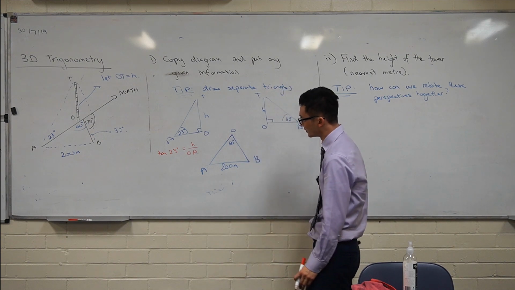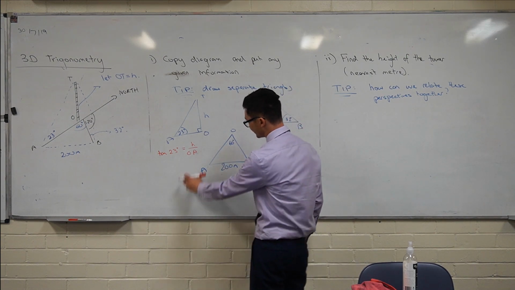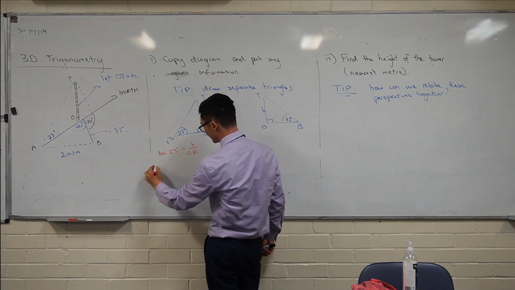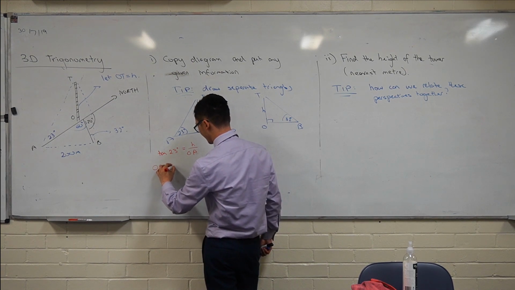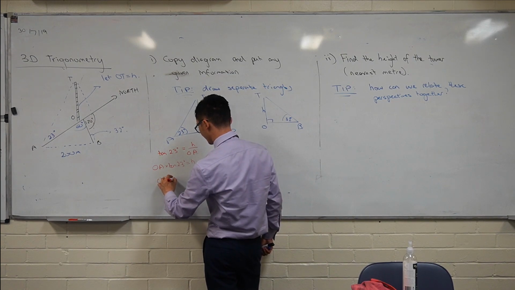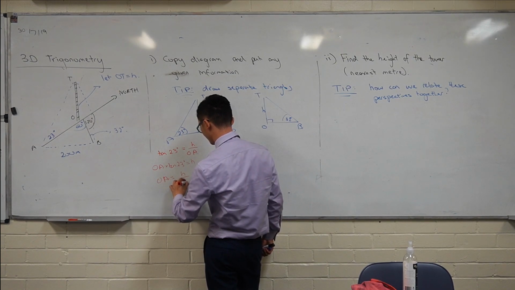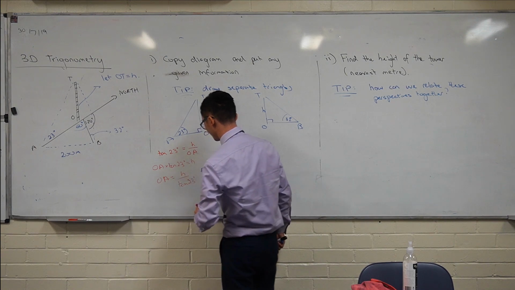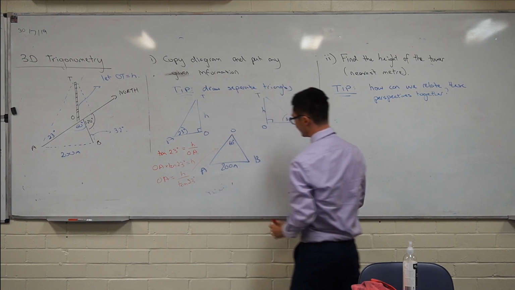We want to make OA the subject so that we can bring it into this. So OA times tan 23 degrees is equal to H, and so OA is equal to H on tan 23. So that's what OA is.